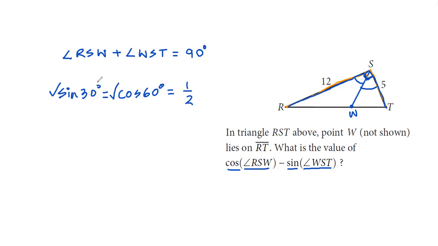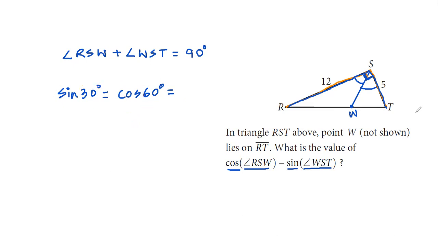And look, 30 plus 60 adds up to 90 degrees. So when two angles add up to 90 degrees, then sine of the first angle equals cosine of the second angle, or cosine of the second angle will be equal to sine of the first angle.